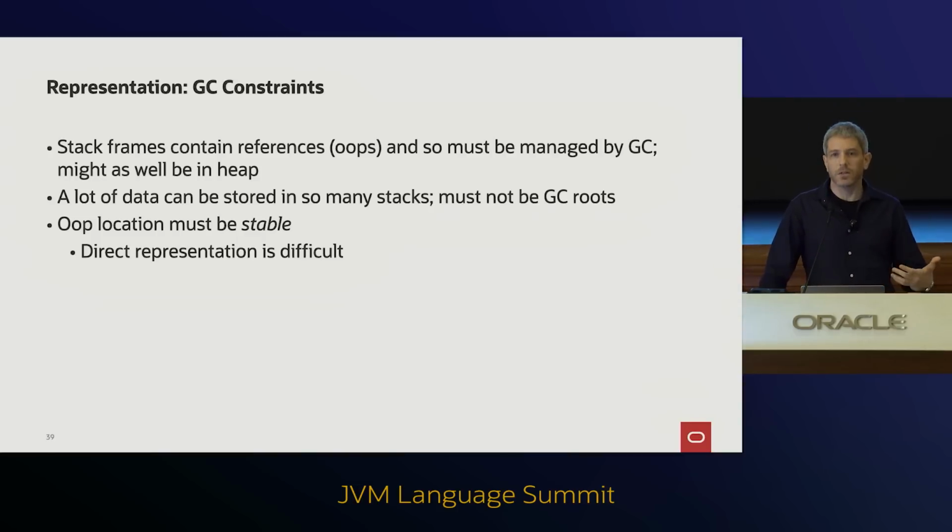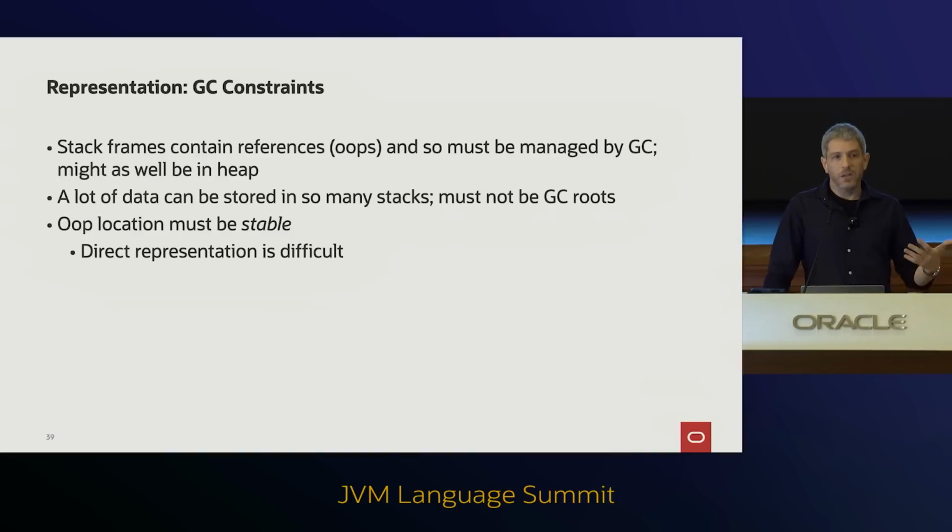The most basic challenge is that stack frames can contain references, pointers, or as we call them inside the VM, oops. Because you can have a local variable, a string local, that points to some object on the heap, so that's an oop, and the pointer is stored inside the frame.